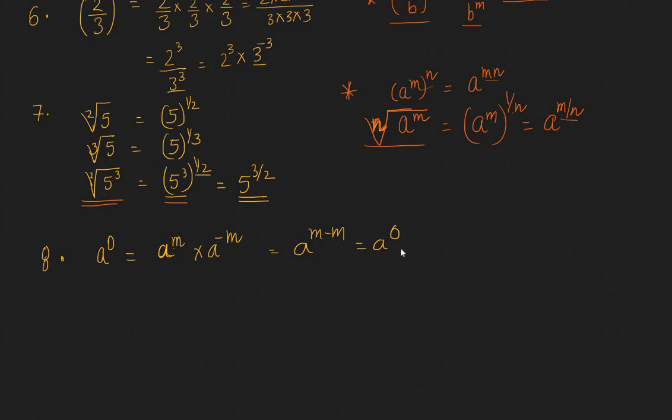So I can write a power 0 as a power m into a power minus m, which is nothing but a power m by a power m, and both of these get cancelled and you get 1. So in general, a power 0 is 1. That's another important law: a power 0 equals 1.